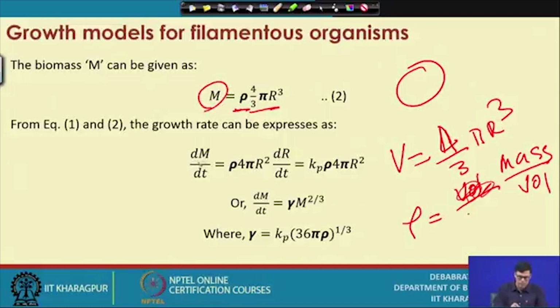Now if you differentiate with respect to time, then we will get this equation, rho 4 pi r square dr by dt, and we can write in this form, and finally we can write dm by dt equal to gamma into m to the power 2 by 3, where gamma is equal to kp into (36 pi rho squared) to the power 1 by 3.